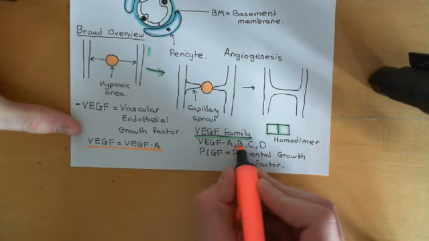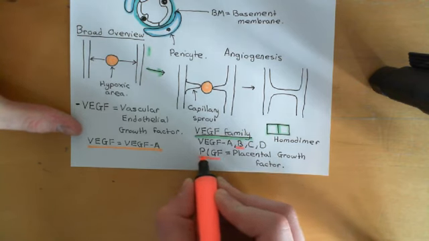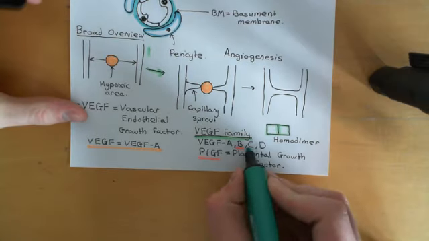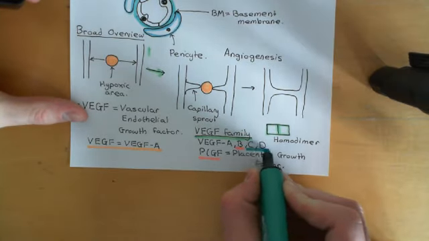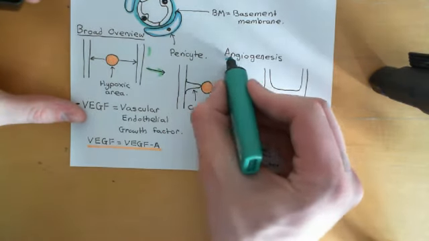Vascular endothelial growth factor B and placental growth factor are very involved in embryology. They're involved in vascular development in the embryo, and we're not going to really mention those at all. Finally, the other 2, vascular endothelial growth factor C and D, are also important in angiogenesis, so they also participate in this.